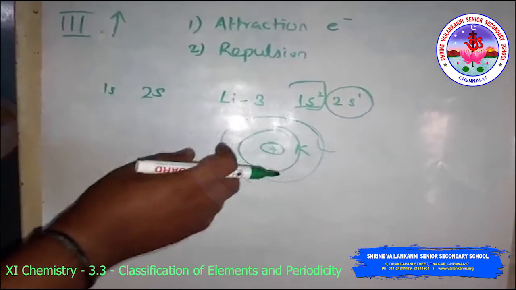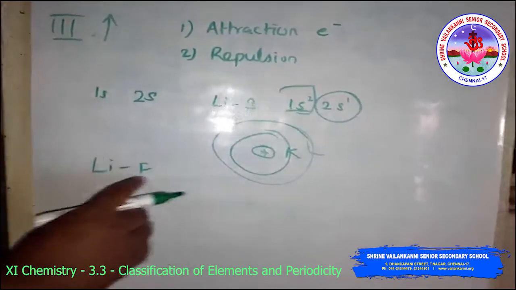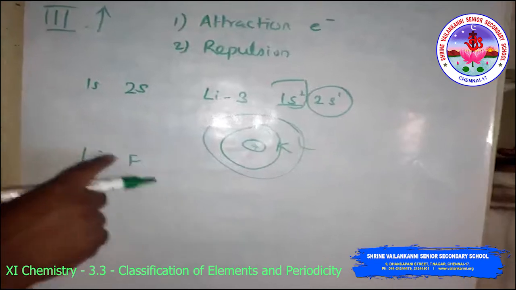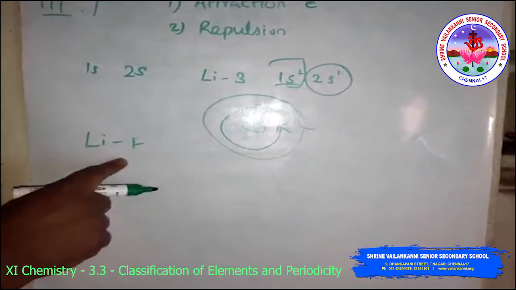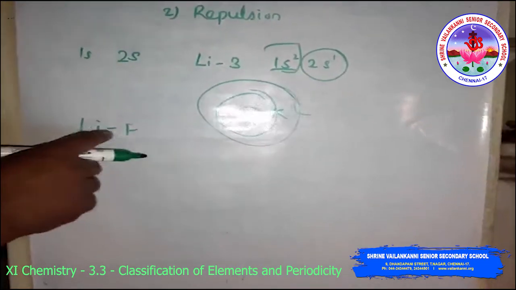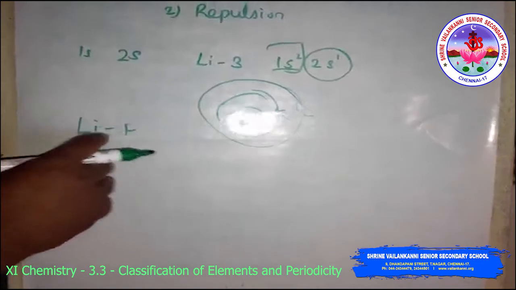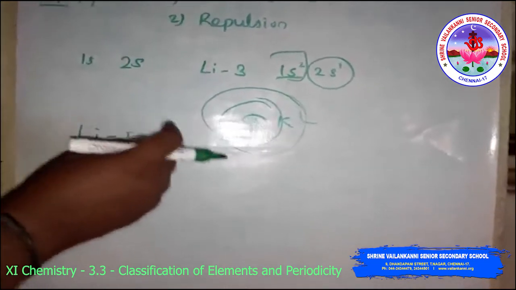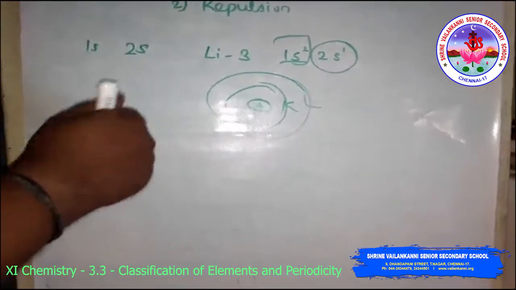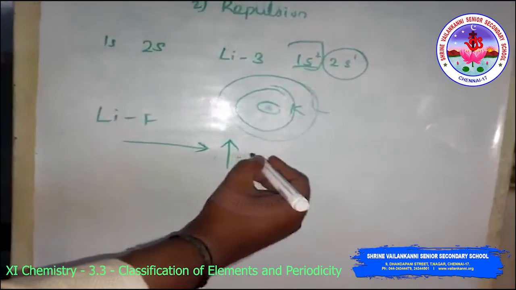When we move from lithium to fluorine across the second period, successive electrons are added to orbitals in the same principal quantum level, and the shielding of the nuclear charge by the inner core electrons does not increase very much to compensate for the increased attraction of the electron to the nucleus. So across a period, the increasing nuclear charge outweighs the shielding. Consequently, the outermost electrons are held more and more tightly, so the ionization enthalpy increases across the period.